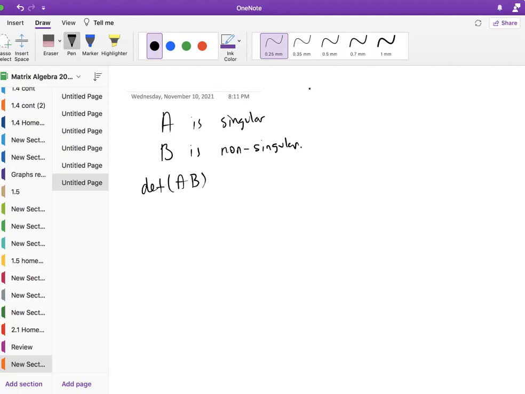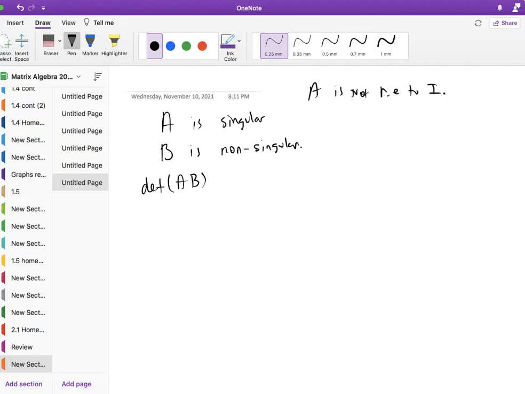So A is not row equivalent to I. What is it row equivalent to? Not to B. B is non-singular.